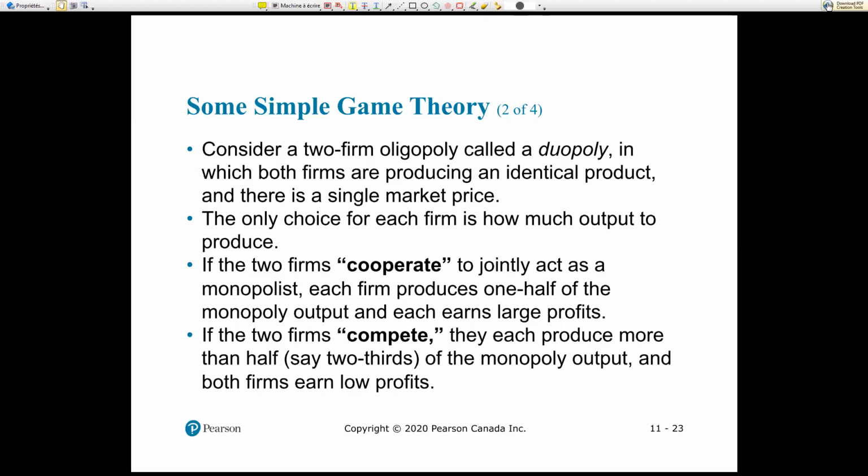But imagine I know for sure that my competitor is going to try to cooperate by setting its price high. Then in that case, what's the best thing I could do? Compete with him and then take all of his clients. Yeah, exactly. So you see that there's a tension there, right?